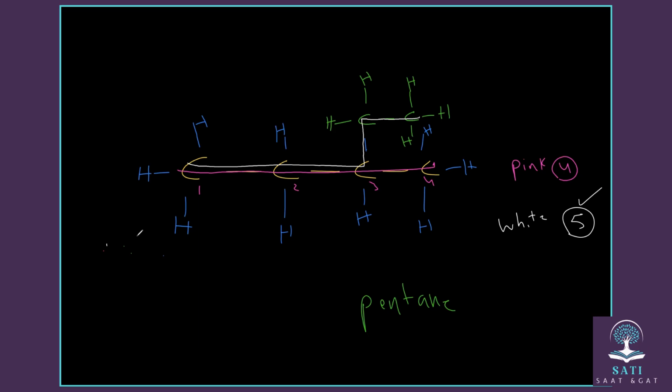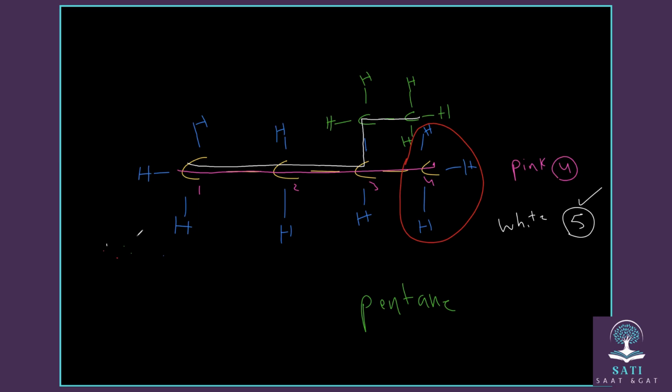Is there any carbon atom that is not on the white line? Yes. Which carbon atom is not on the white line? This carbon atom, you see? It is not on the white line, so I need to name it alone. This one has one carbon atom.